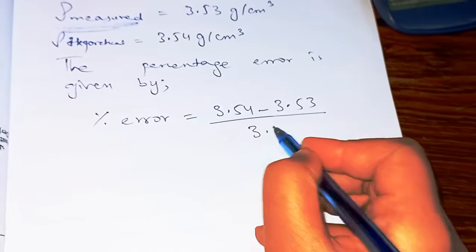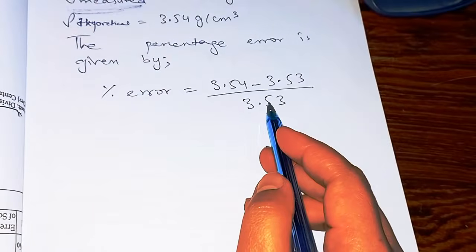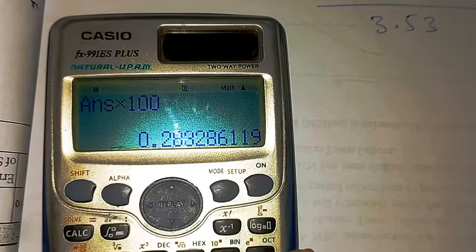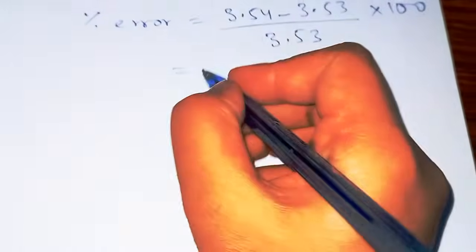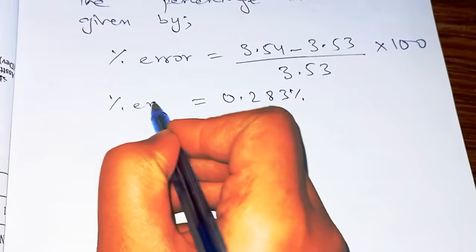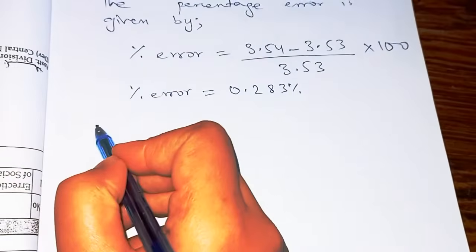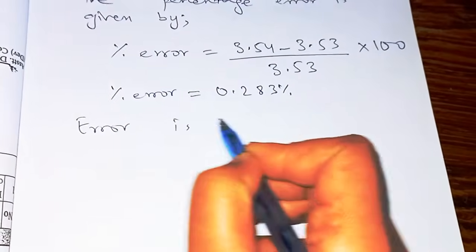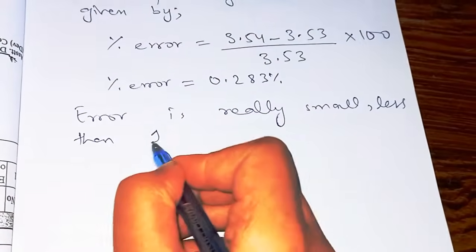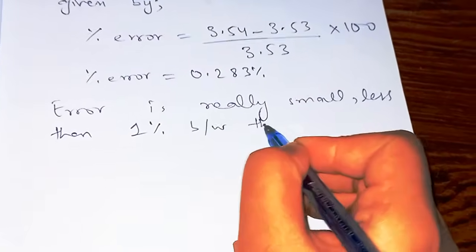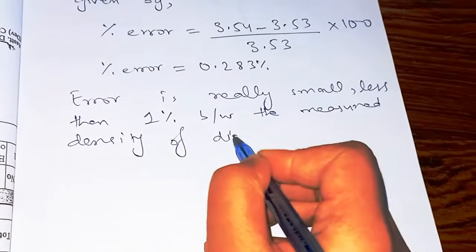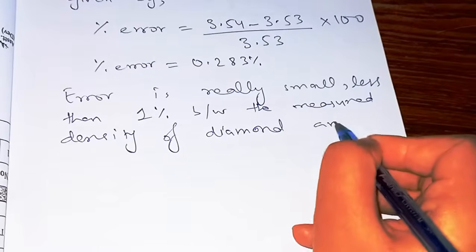You always divide by the standard value, then multiply by 100 to get the percentage. You can see it's 0.283%, and the error is really small, less than 1%, between the measured density of diamond and the theoretical density.